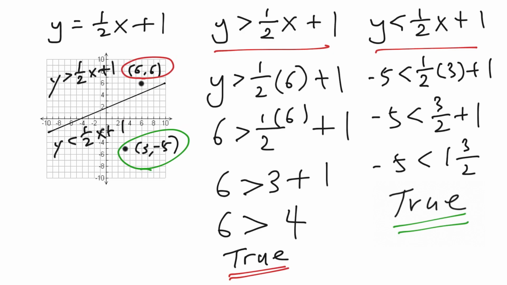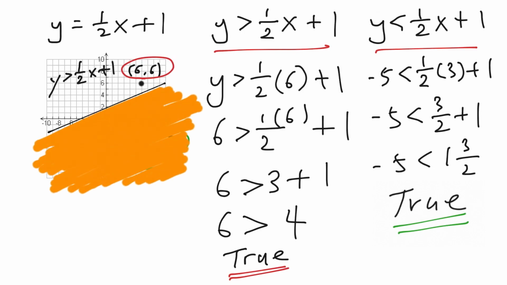Now, if the question asks you to shade the graph, then you want to shade the bottom portion if the question given to you was y less than 1/2 x plus 1.